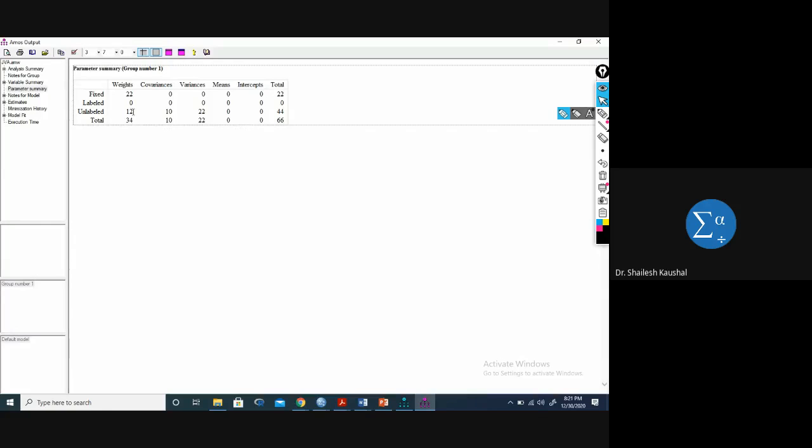Second, labels. Unlabeled means we did not name the coefficient weight.